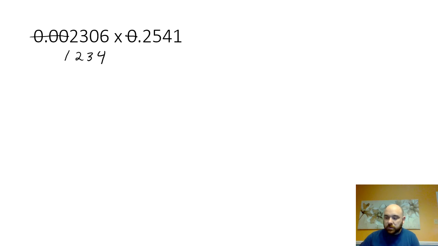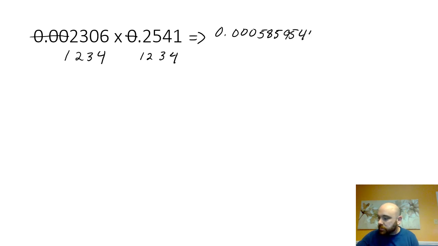This 0 would not be significant because it comes before any non-zero digits. These are all non-zeros, so I see 1, 2, 3, 4 significant figures there. If we punch this into our calculator, the resulting answer is 0.00058595546.